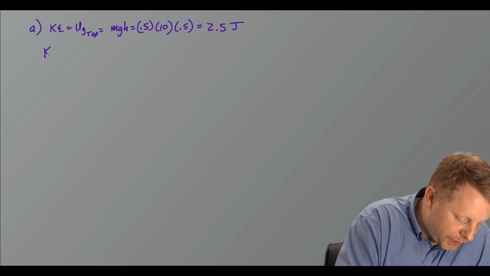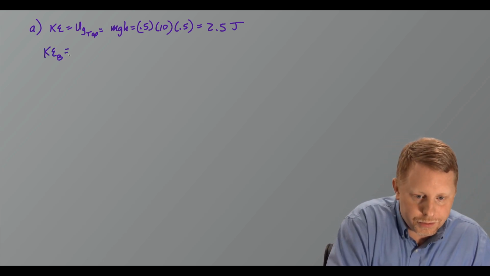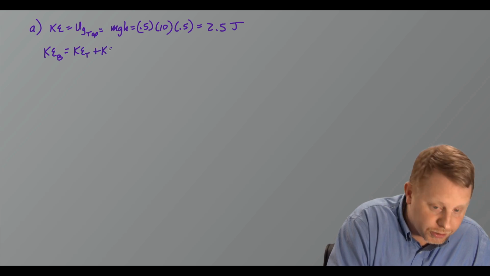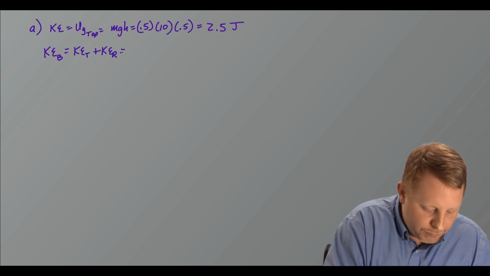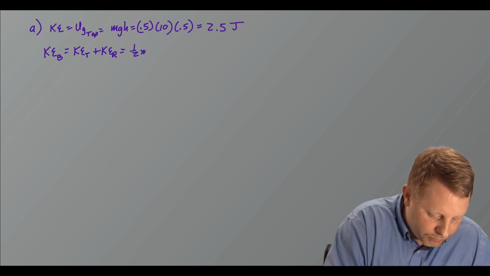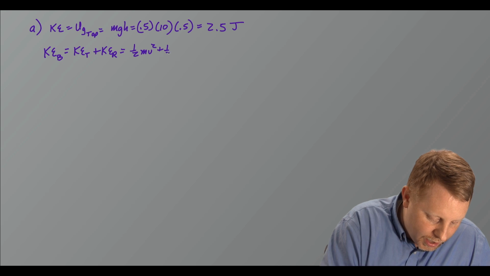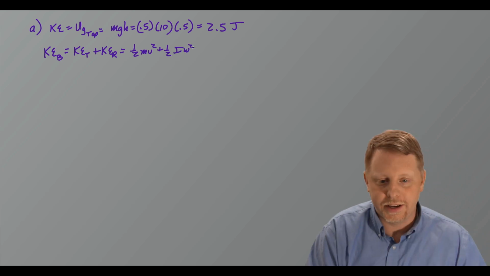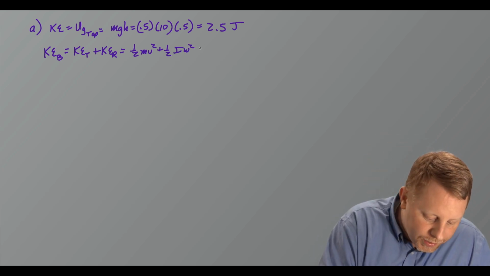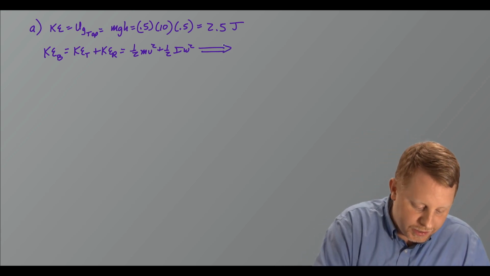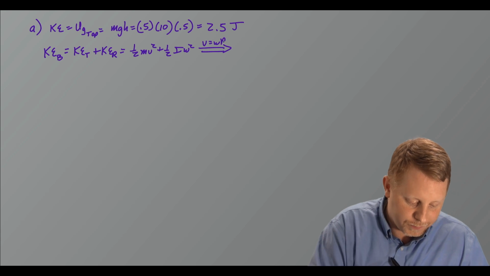So kinetic energy at the bottom equals translational kinetic energy plus rotational kinetic energy, which is going to be 1/2 mv squared, the translational kinetic energy, plus 1/2 I omega squared, the rotational kinetic energy. We also know we can relate translational velocity to rotational velocity using v equals omega r.